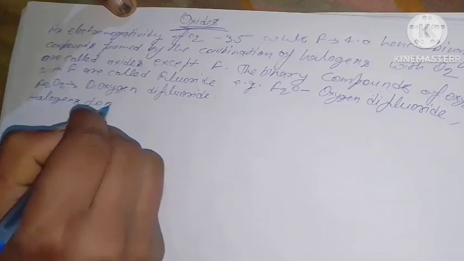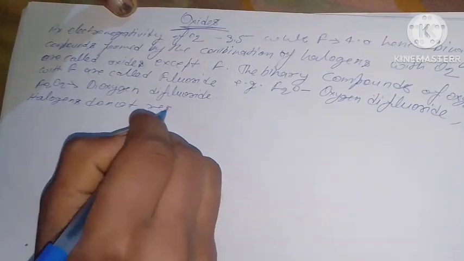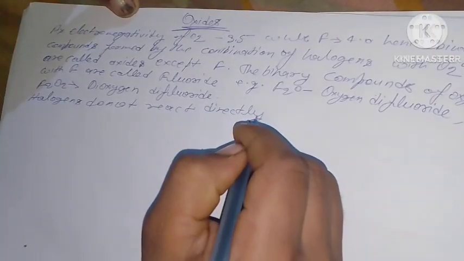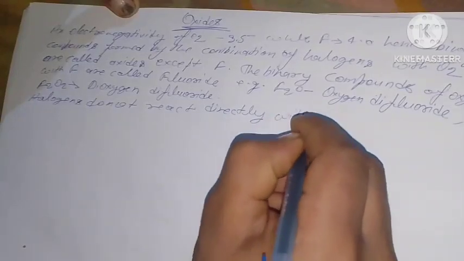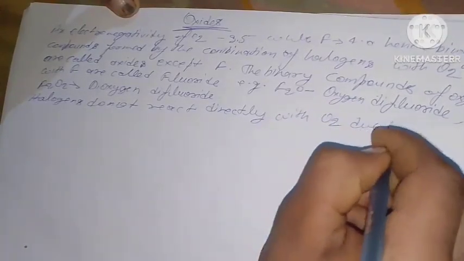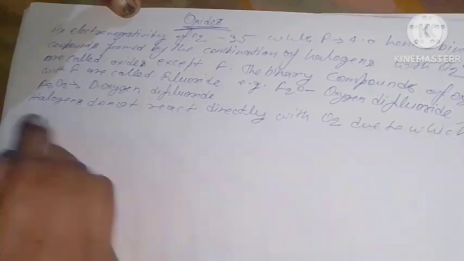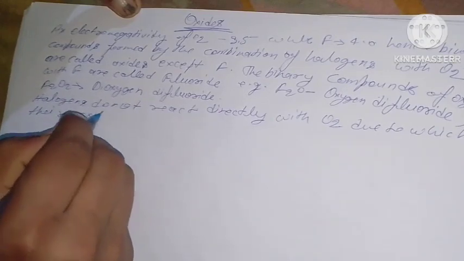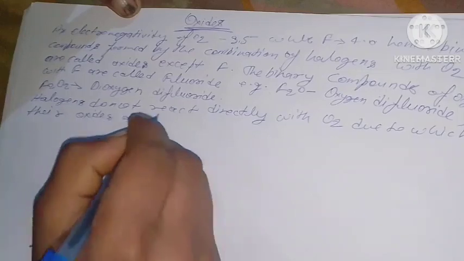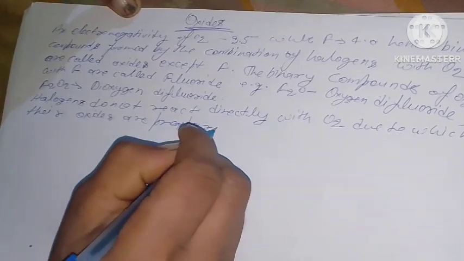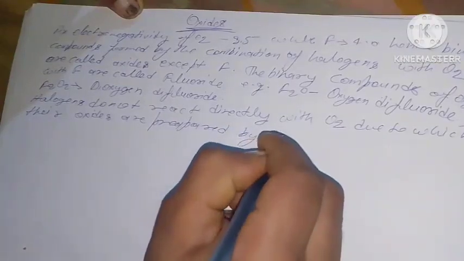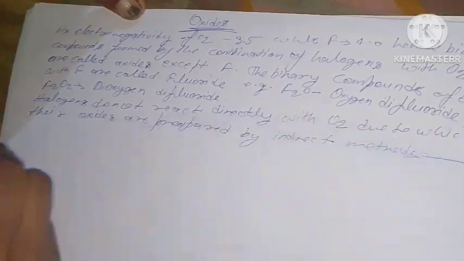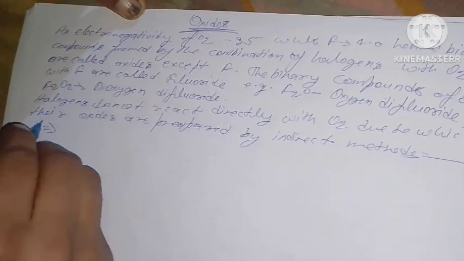Halogens do not react directly with oxygen, due to which their oxides are prepared by indirect methods. Okay.